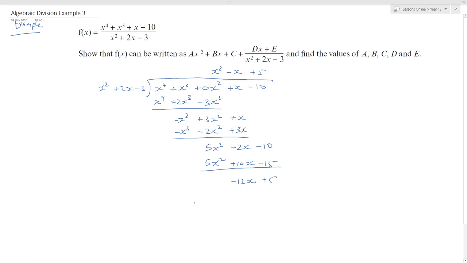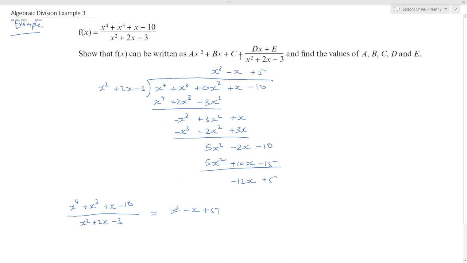So we've got our term, so we can express it in terms of the original algebraic fraction. So if we say x to the power of 4 plus x cubed plus x minus 10 all over x squared plus 2x minus 3 is equal to x squared minus x plus 5 from here.